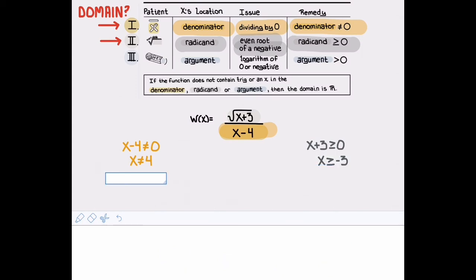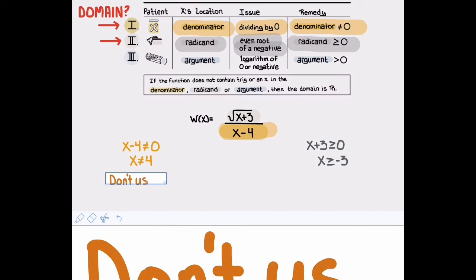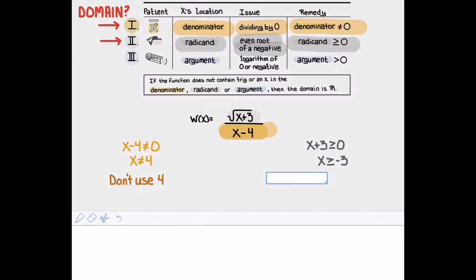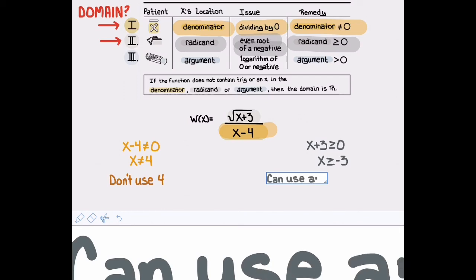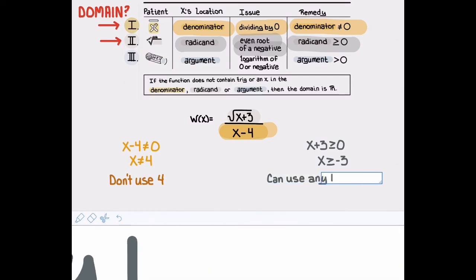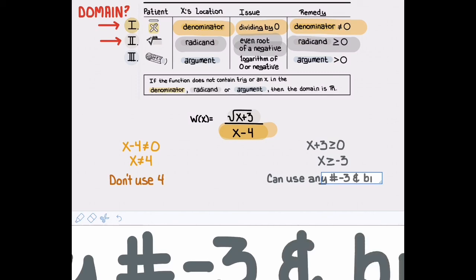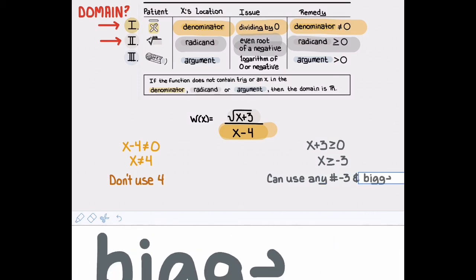We want to merge both of these statements. So x does not equal 4 means we don't want to use the number 4, and x is greater than or equal to negative 3 means that we can use the number negative 3 and anything that's bigger than negative 3.